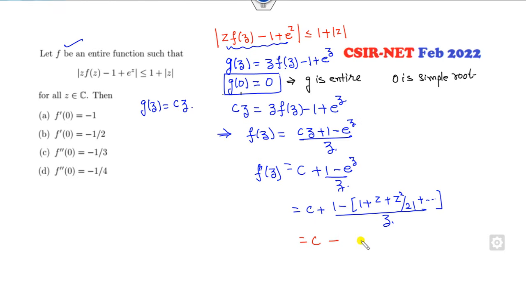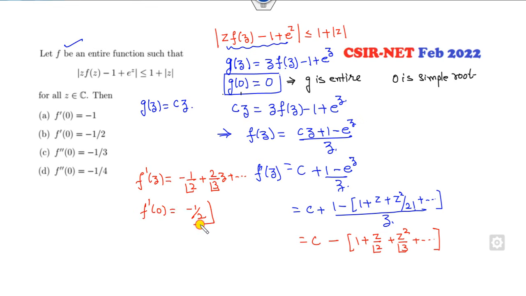I can take z as common, that also cancels. It's z over 2 factorial, z square over 3 factorial and so on. Now you can see what my first derivative is: minus 1 over 2 factorial, minus 2 over 3 factorial z and so on. What is my derivative at 0? Minus 1 over 2. This option is correct.